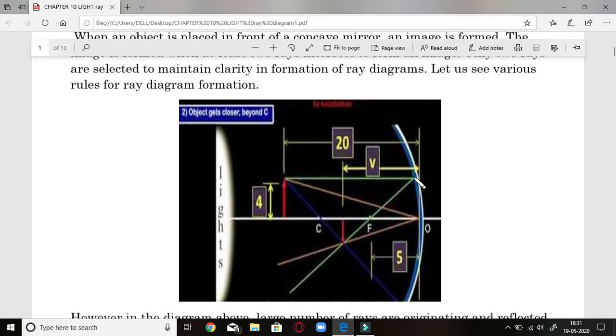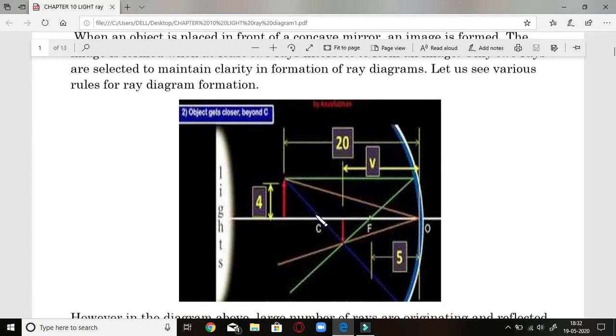As you can see in this diagram, there are a number of rays which are projecting out of the object. That might make you confused where the image will be formed. Now we have many points from where the object can be placed. One is at a very large distance, that is at infinity, just like the sun.